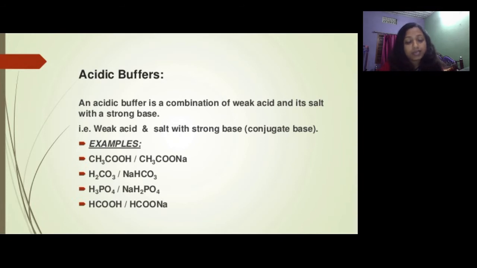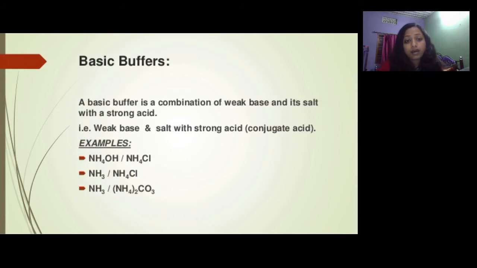Acetic acid is a weak acid and its sodium salt is a salt with its strong base, sodium hydroxide. So this acetic acid and sodium acetate can be taken to prepare a buffer solution. Similarly, there are several examples. These are given here.